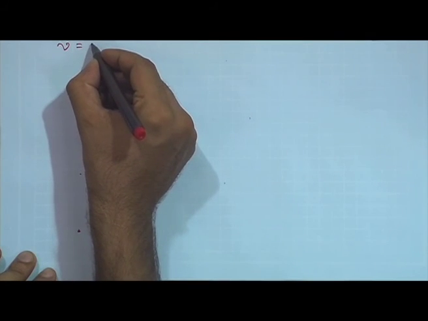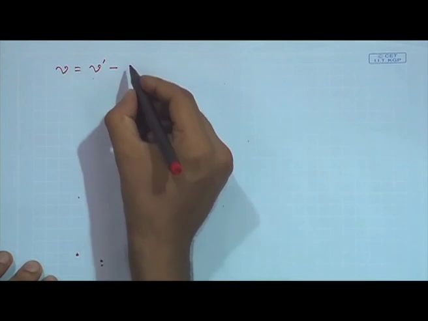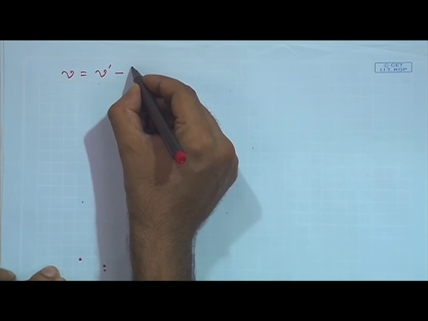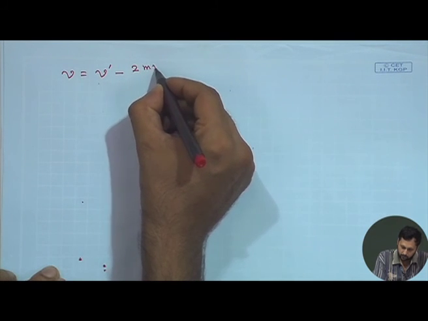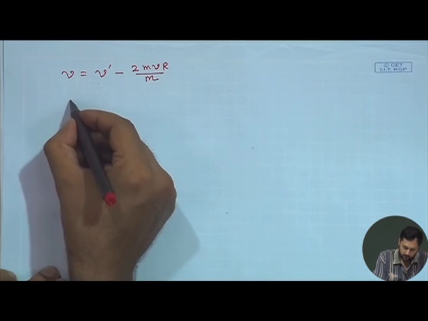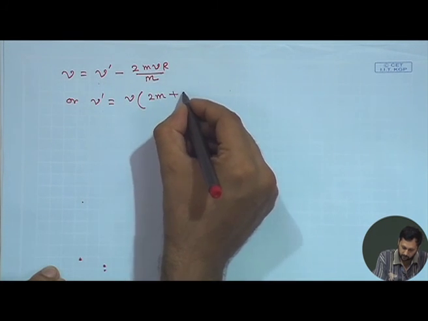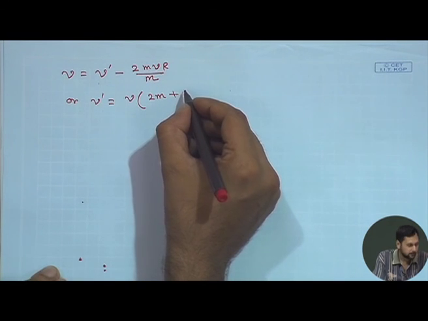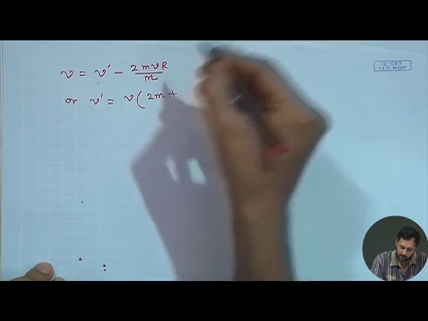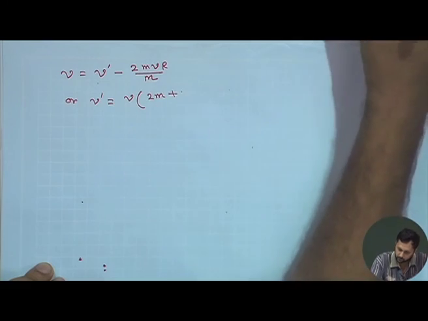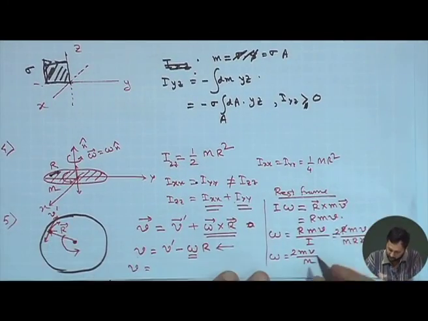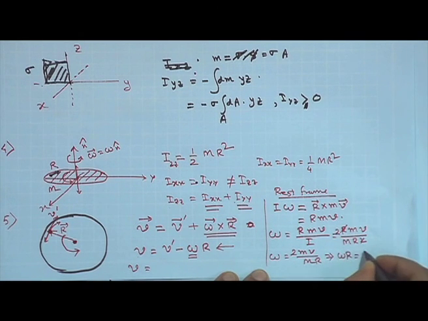So you put it back in here. I'll just write in the next page maybe. So v will be equal to v prime minus 2 m v by capital M, or you change sides, v prime will be equal to v times 2 m plus M, sorry, there is a small mistake here, this will be omega r, which will give you omega r is equal to 2 m v by M, right.